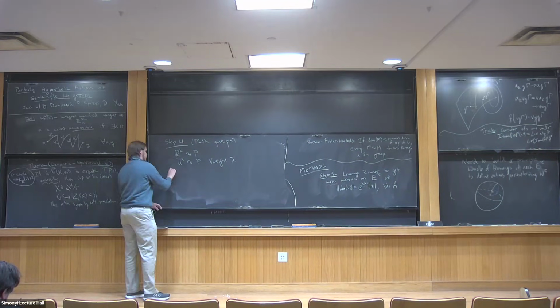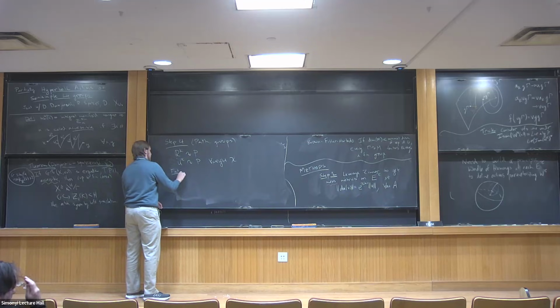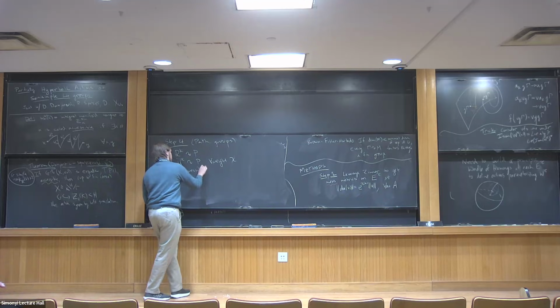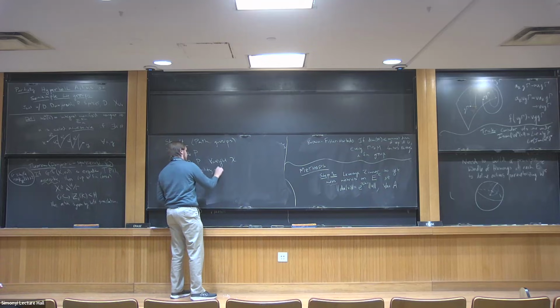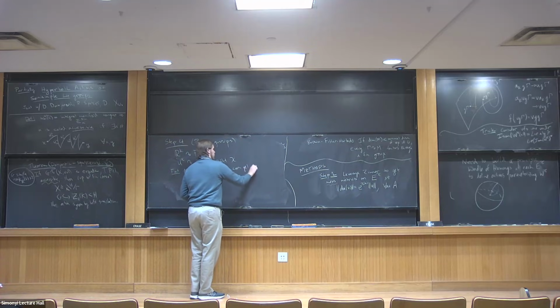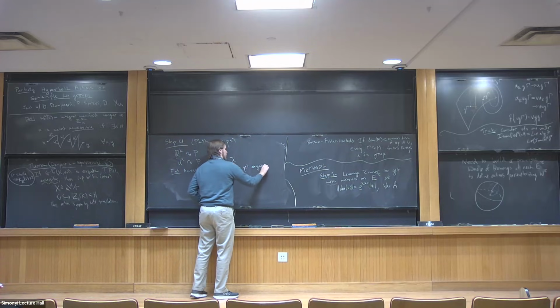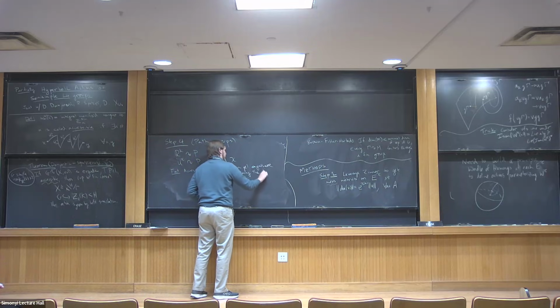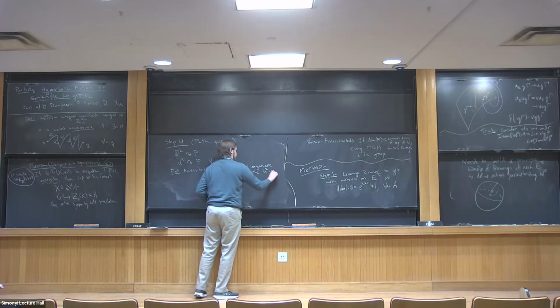And sort of the fact is that accessibility is going to imply that we can get anywhere following the U_chi leaves.